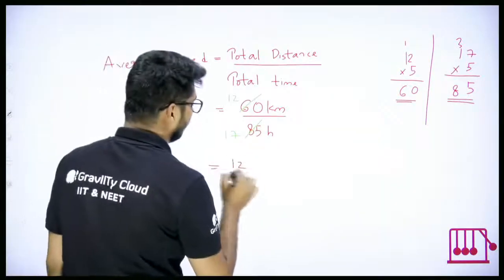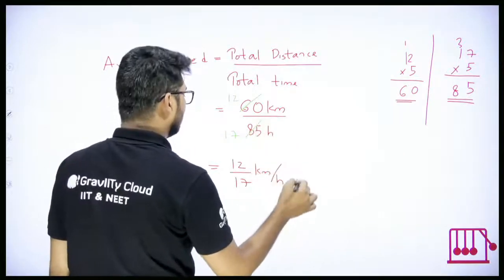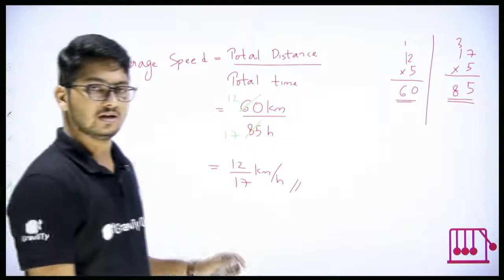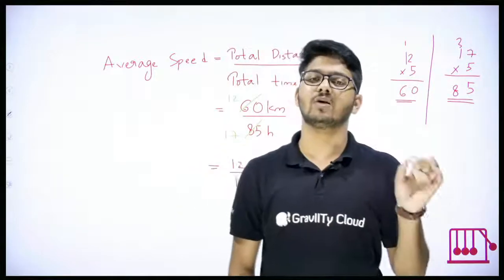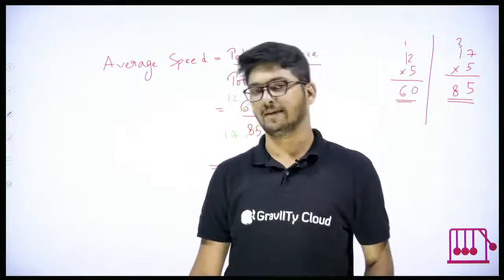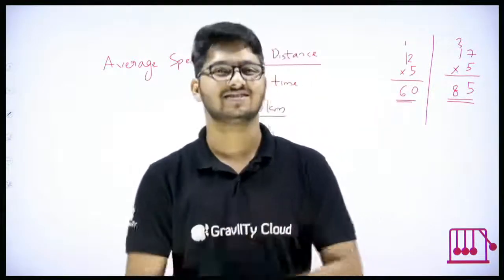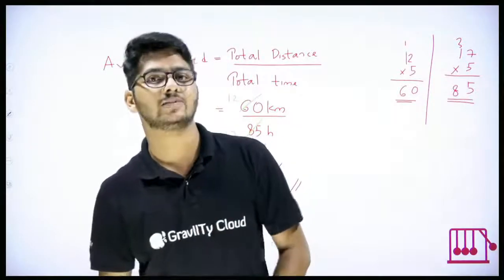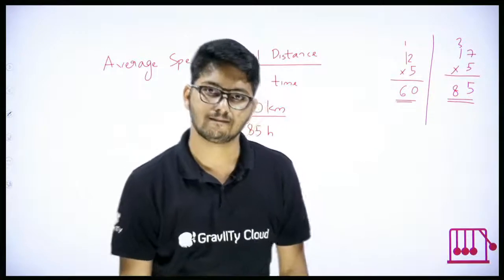So it is 12 by 17 kilometer per hour. That is the average speed. Clear? So for average speed, it's a very simple formula, total distance by total time. If you stick to the formula, you will get the answer. So speed is equal to distance by time, and average speed is equal to total distance by total time.